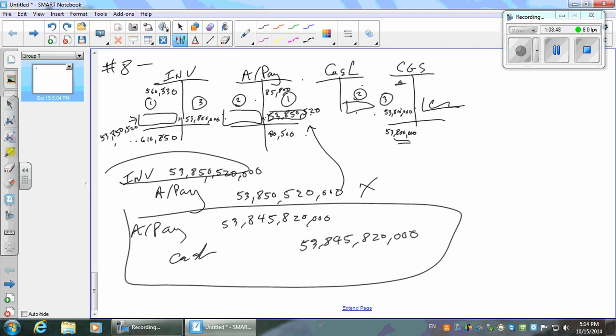That makes sense? Because my accounts payable went up, I must have paid that much less. If my accounts payable went up by almost 5 million, 4,700,000, I must have paid 4.7 million less than I added to accounts payable, right? So I just subtracted it from the 53,850.